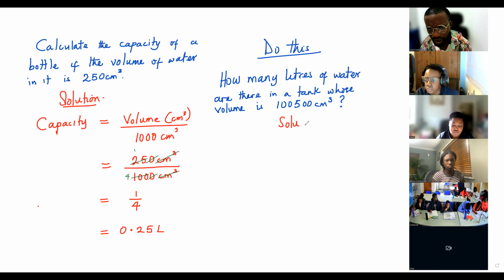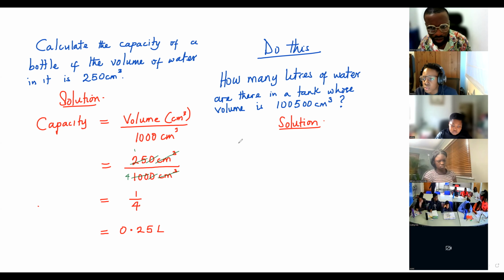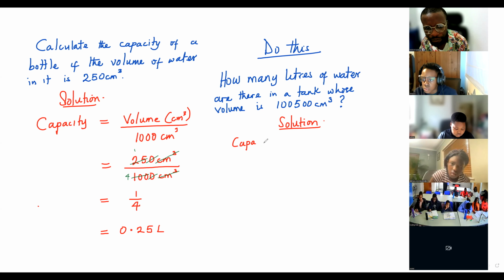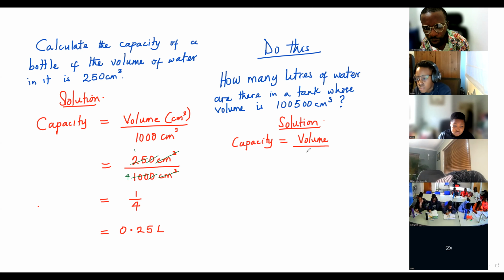So I did 100,500 divided by 1,000. First, you need to say that capacity equals volume divided by 1,000. All right? Volume divided by 1,000. So what is the volume? Yes, Gabriela?